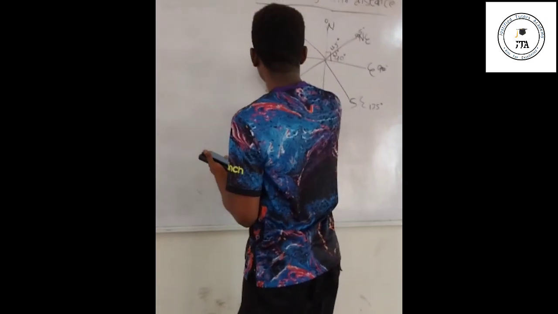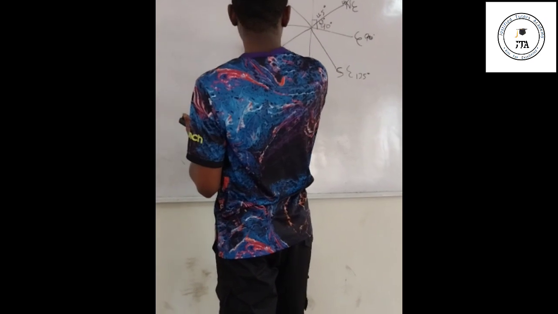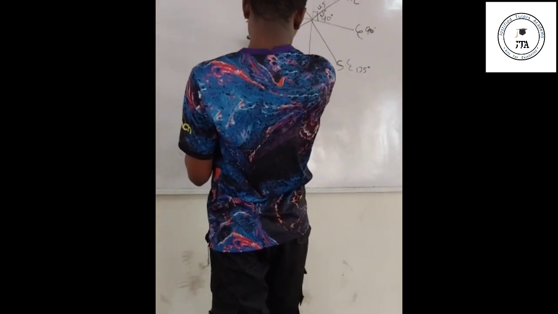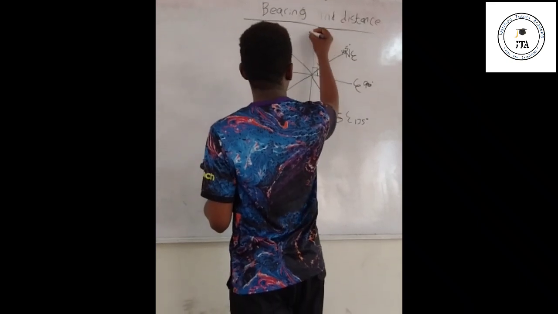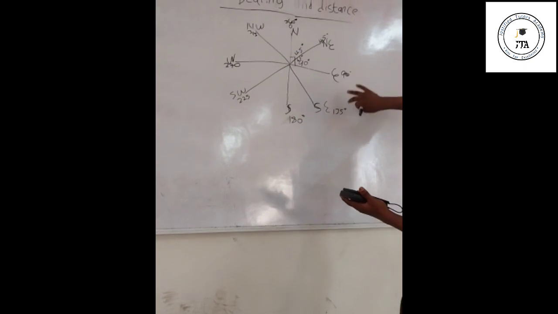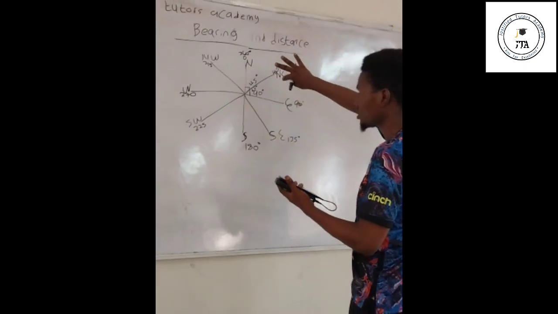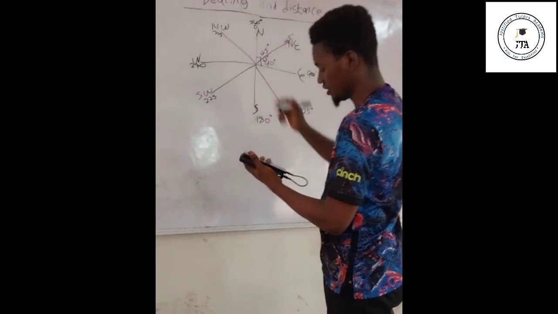Then here will give us 270. And here will give us 315. And coming back here will give us 360 degrees. So going from north to north again in the compass direction gives you 0 to 360.